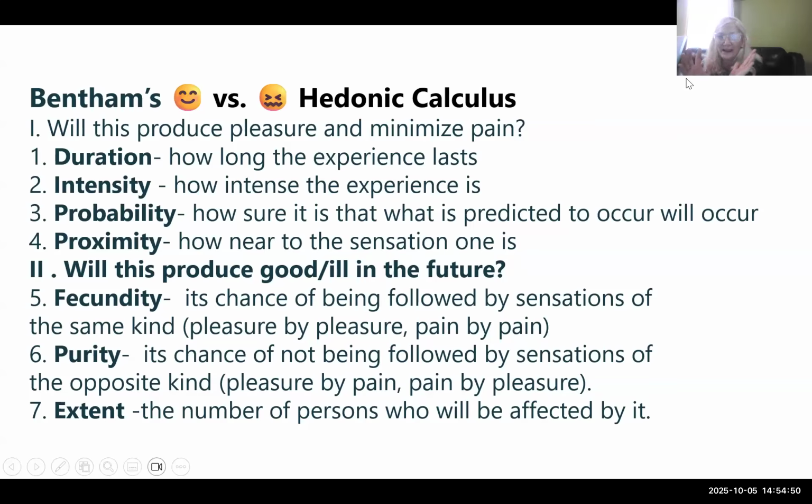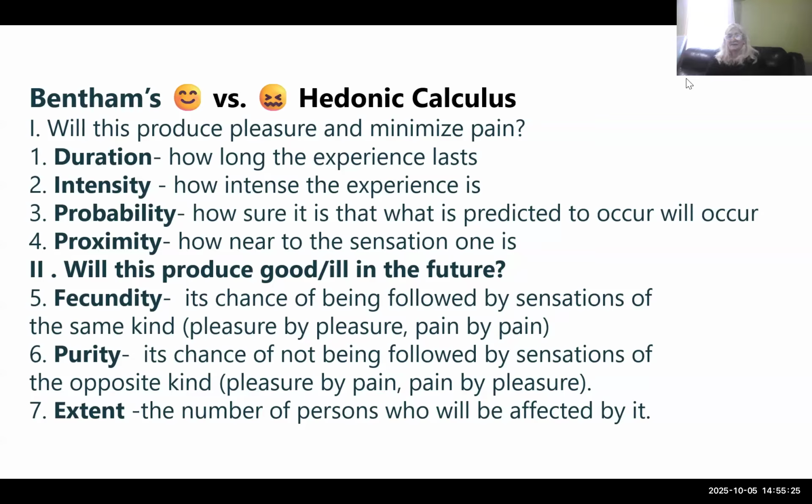Bentham created this elaborate way to calculate, meaning put some quantification to what brings humans pleasure and what brings us pain, and to have a way to think ahead of time about morally what is the best choice for us to make. And again, morally being for the principle of utility: maximizing pleasure, minimizing pain for the maximum number of people.